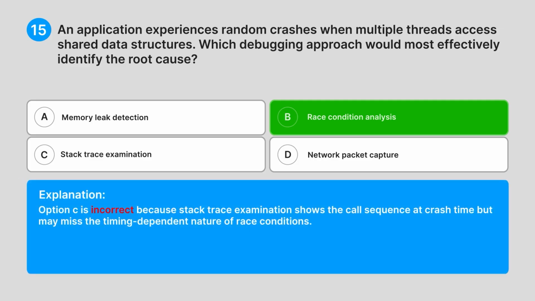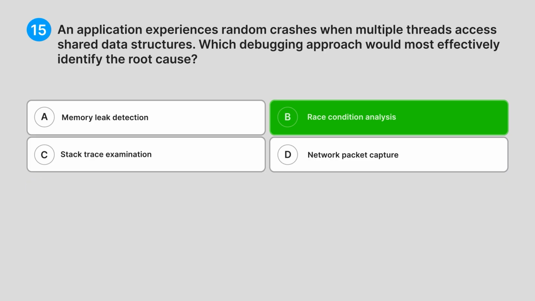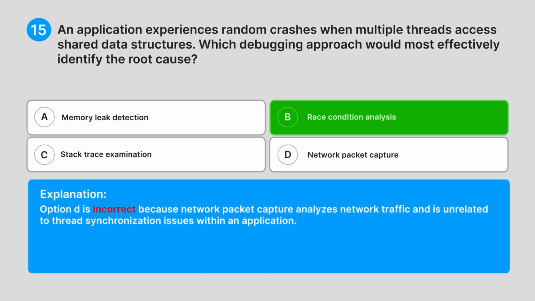Option C is incorrect because stack trace examination shows the call sequence at crash time, but may miss the timing-dependent nature of race conditions. Option D is incorrect because network packet capture analyzes network traffic and is unrelated to thread synchronization issues within an application.